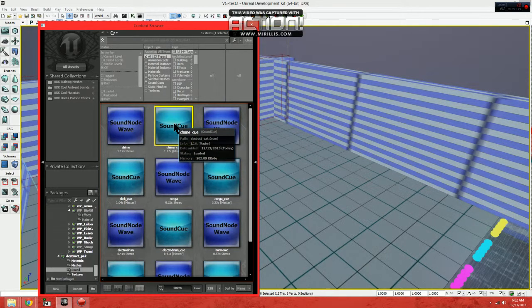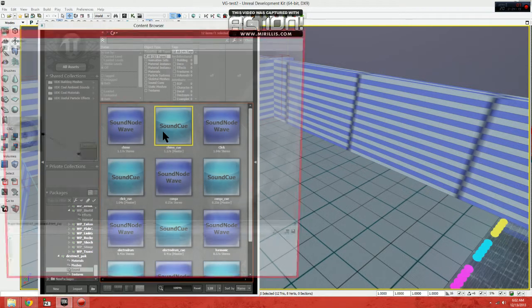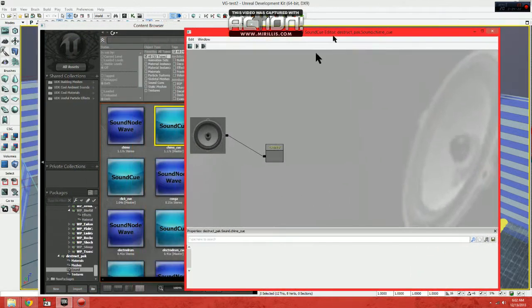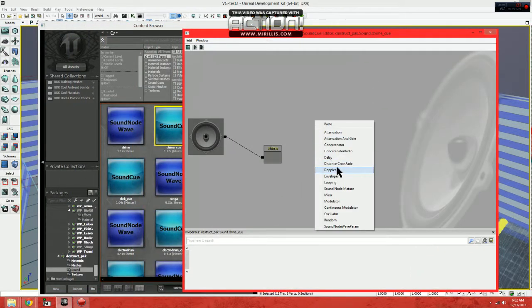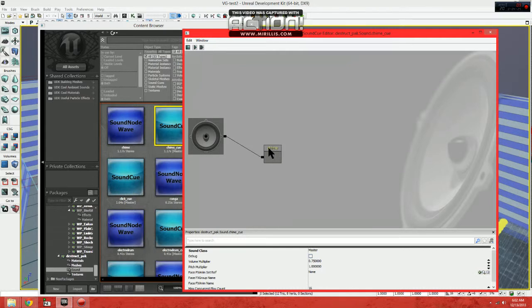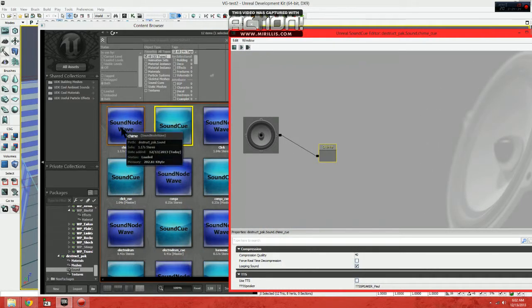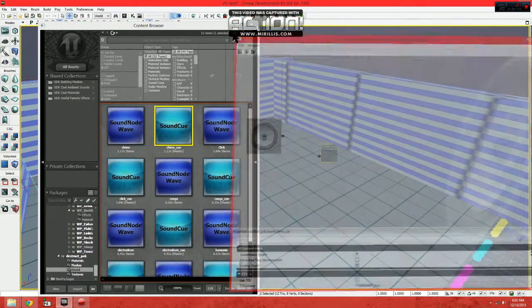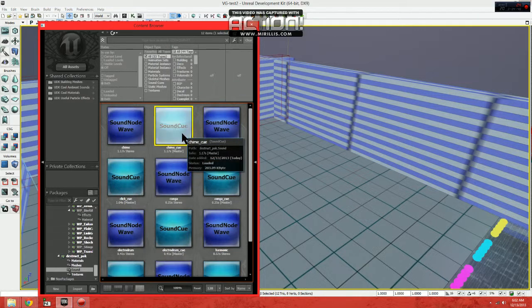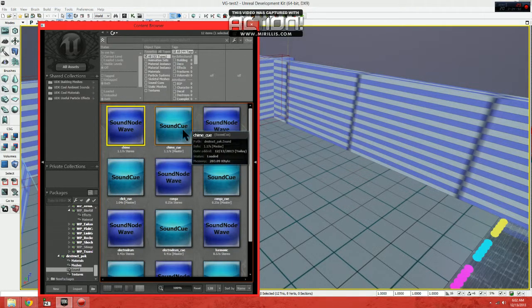And then you have sound cue, which is something that you can actually edit, add a bunch of cool effects here, but you have to put the sound into this editor. So chime is the actual sound file. You pull that in here, and it goes into this little speaker, and that becomes the sound cue. And the cue is what you actually pull up in Kismet. They're the same thing, basically.